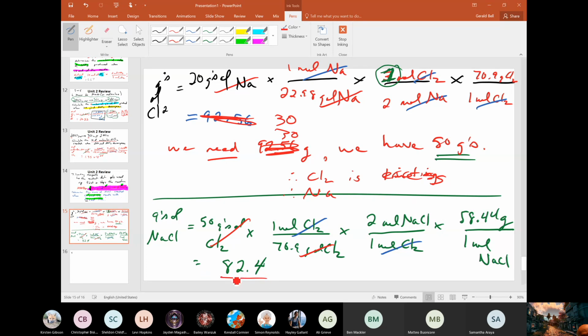And again, we wouldn't have known had we not rationalized. So we actually do need this 20 grams of Na here. The rest of the thing is all wrong. This is 1 mole of Na. That should be 22.98. And then that should be, what's that, 2 moles of Na?